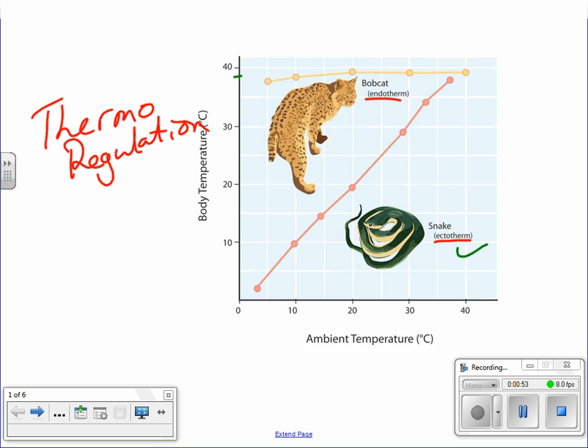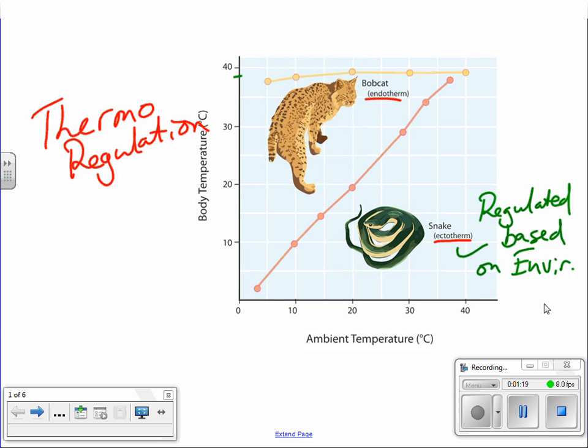Ectotherms' body temperature is regulated based on the environment. Okay, and as the environment increases in temperature, the ectotherm that you are looking at is going to also increase in temperature. So as you can see, there's almost a direct correlation right here.